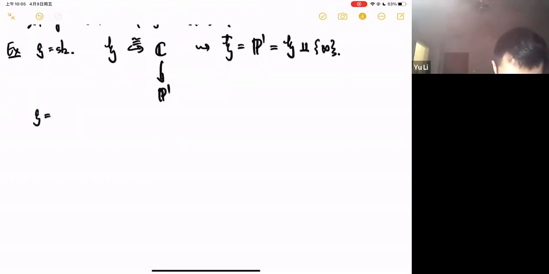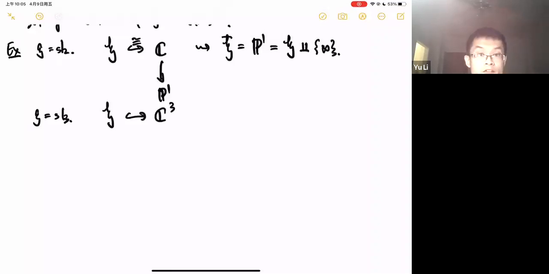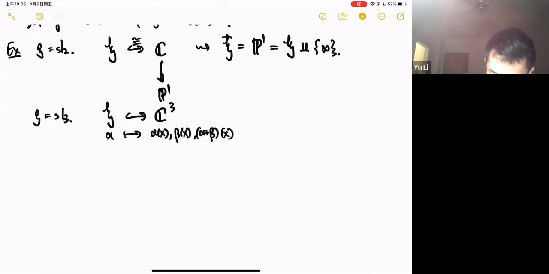Then if G is SL3, this time H sits inside C to the third power, right? Because this time we have three positive roots, alpha, beta, and alpha plus beta. So X goes to alpha of X, beta of X, and then alpha plus beta applied to X. And then C3 sits inside P1 to the third power.